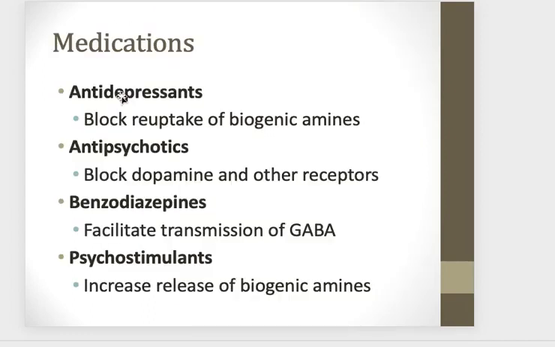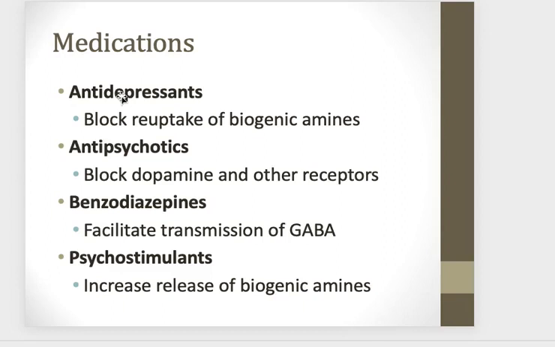So the medications in general, we have antidepressants that block the reuptake of biogenic amines or neurotransmitters. Antipsychotics that block dopamine, completely block it to decrease its activity, and then also other receptors, depending on which ones. We have benzodiazepines. For those of you not aware, I'm sure you've all seen them, like clonazepam, alprazolam, lorazepam, all of those.